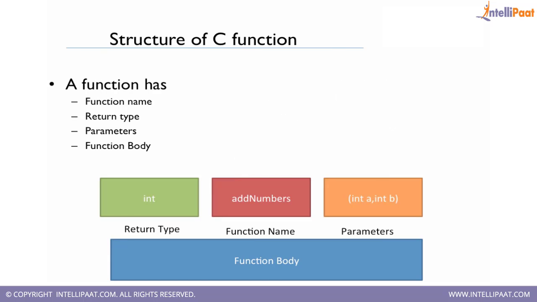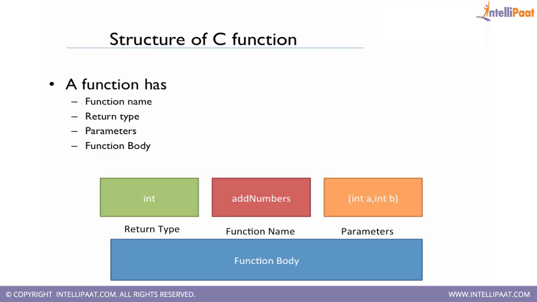So how are functions structured? Every function has a function name, a return type, parameters, and a function body. This is how a function is written. Parameters are the input to the function, the return type is the output of the function, and this is the function name.